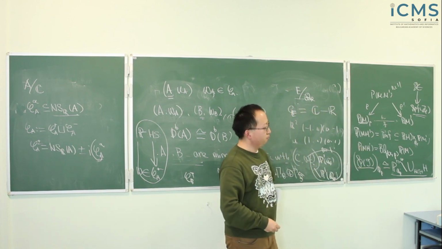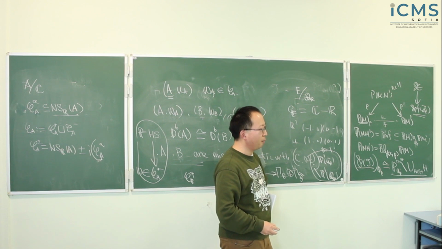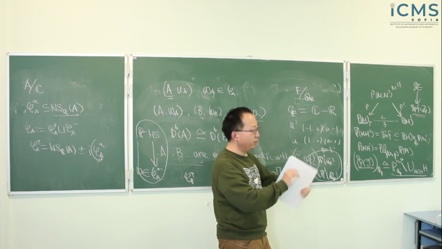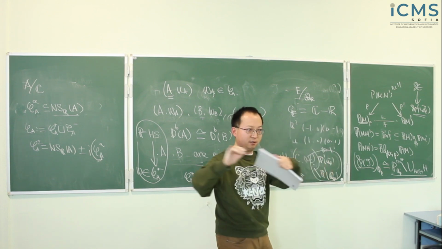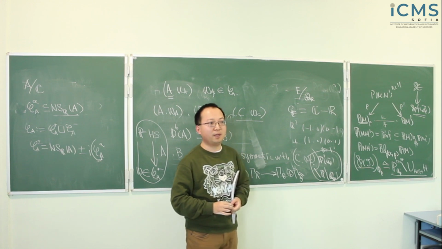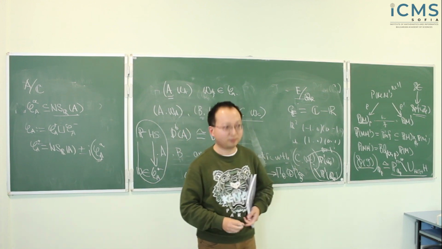So I think that's a possible way for us to find the connection between the classical Hodge structure and the p-adic Hodge structure. Okay, I don't have time. I think we should stop here today.